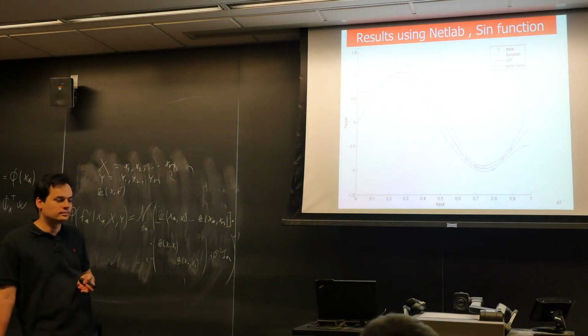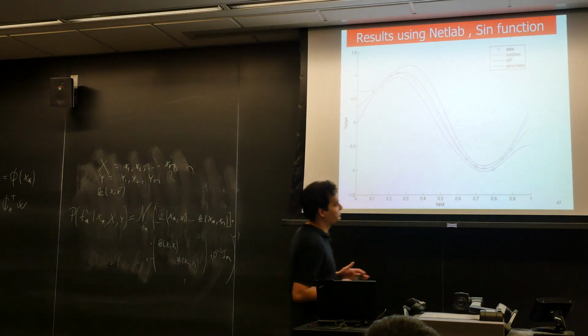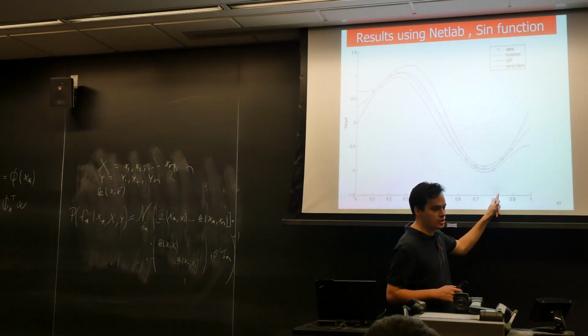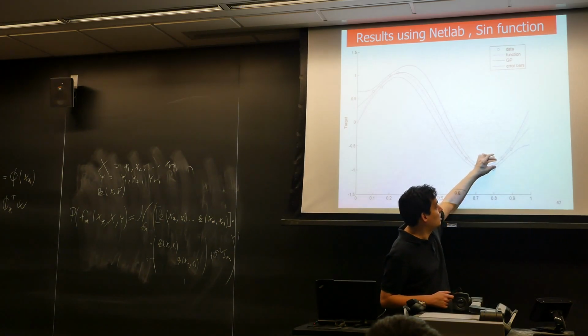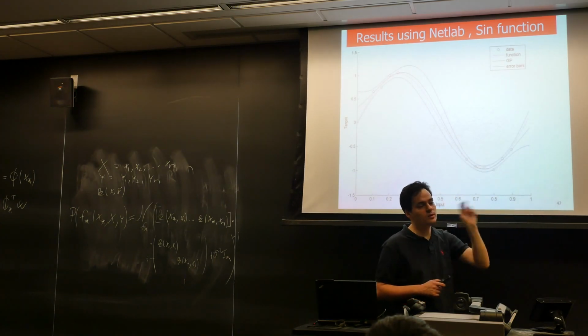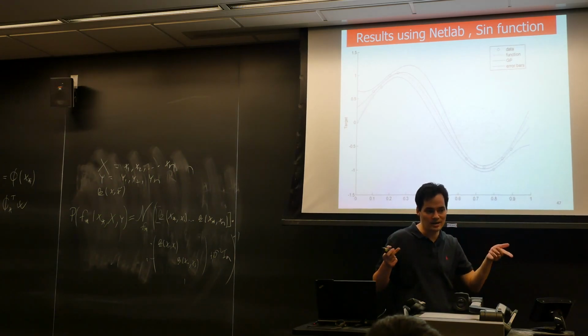So you started with the Bayesian framework, and then what do you mean by error bars? Okay. At each location, I predict a Gaussian distribution, and this is just the standard deviation. That Gaussian distribution has a mean and some standard deviation. So that's what I mean by error bars.